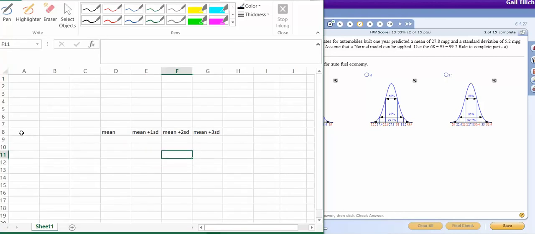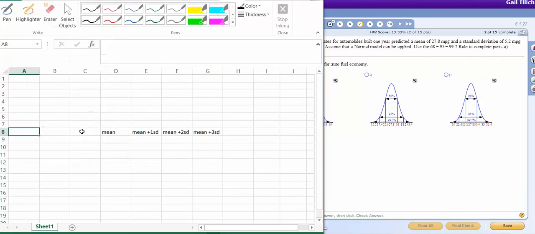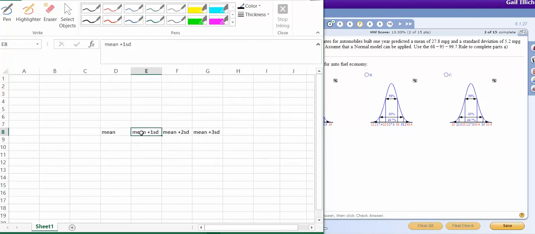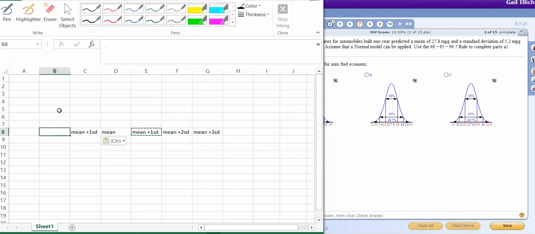And on this side, I want to go to the left of the mean, so I'm going to do the mean minus 1 standard deviation. I'll grab this, copy it, Control C, and paste it here, and I'll paste it here.